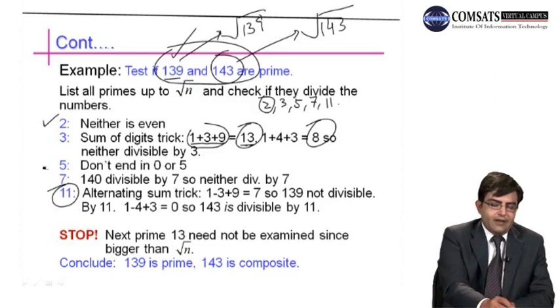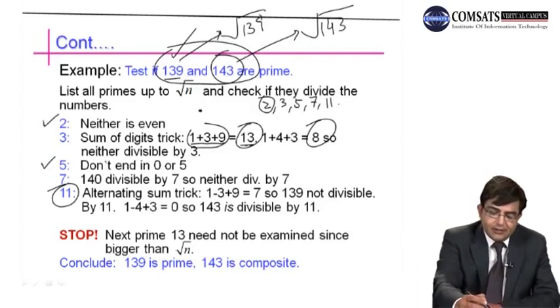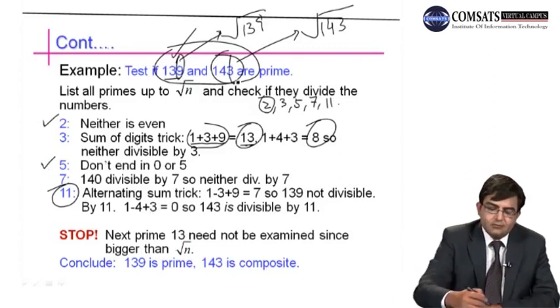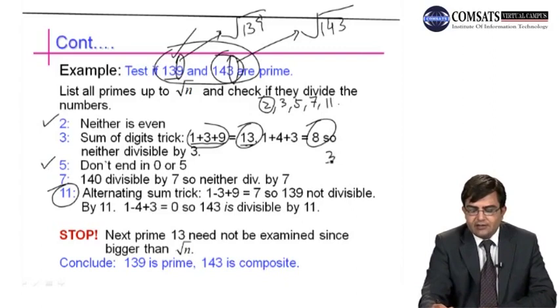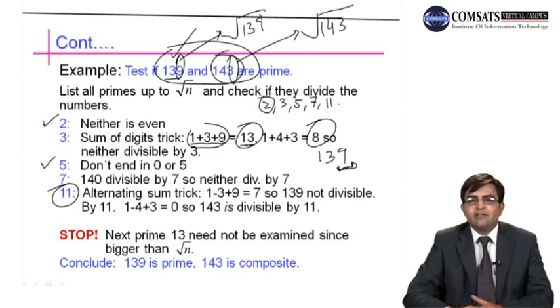And now we check whether 5 divides 139 and 143 or not. You know that 5 divides only those numbers for which the last digit, for example for 139 if we have at this place 0 or 5, then that number is divisible by 5. If not, then the given number is not divisible by 5.